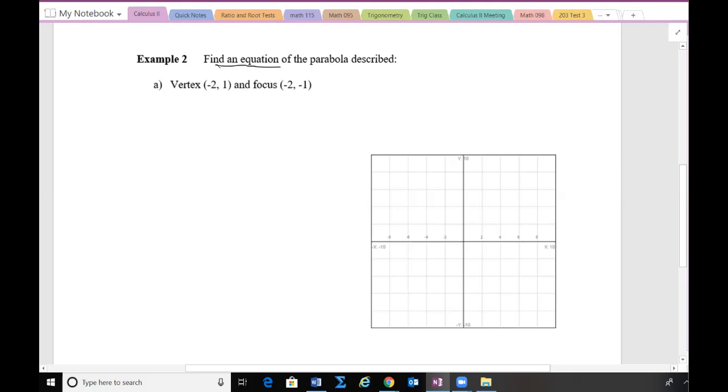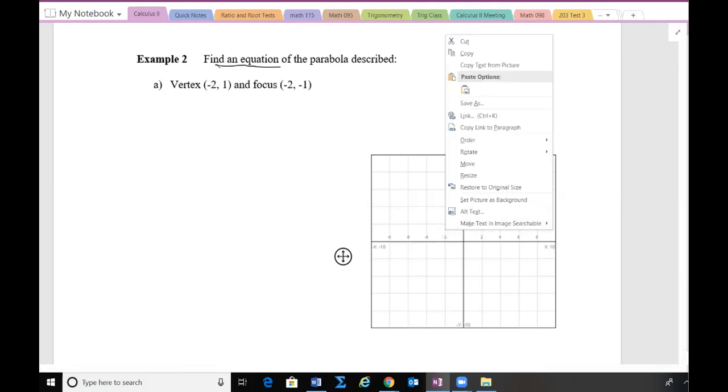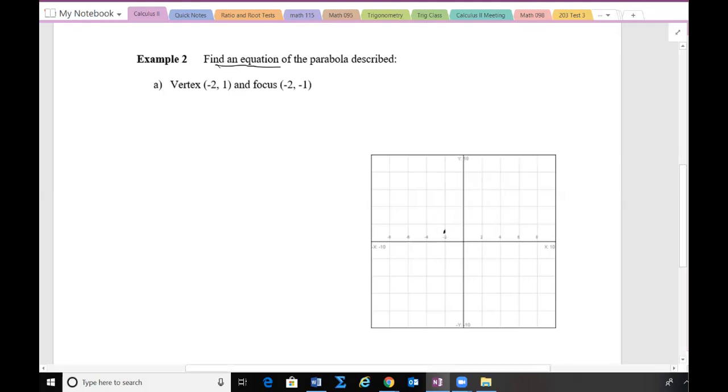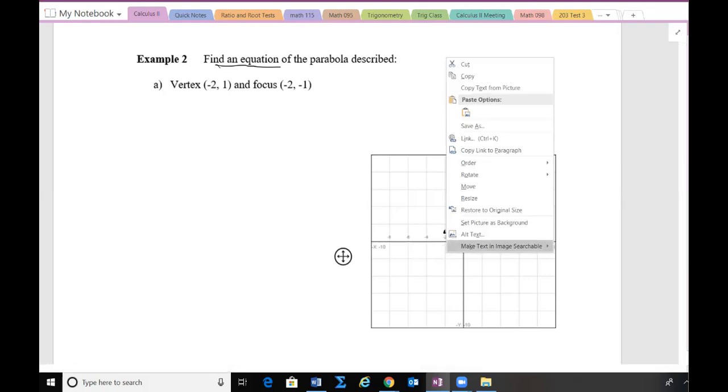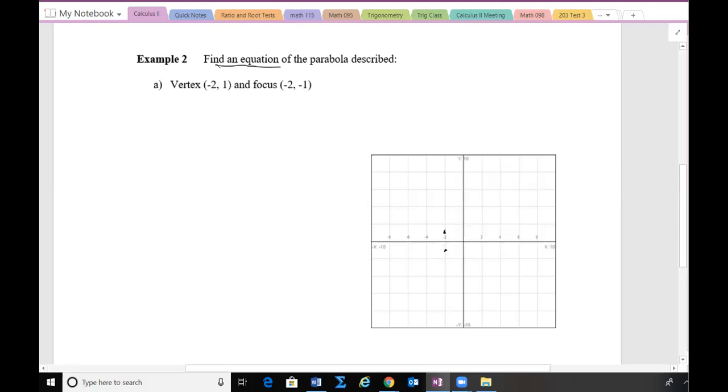So it's negative 2, 1 is over here. Okay, negative 2, 1. And negative 2, negative 1 is down here. So that's the focus and that's the vertex. That means your axis of symmetry must be running vertically this way.